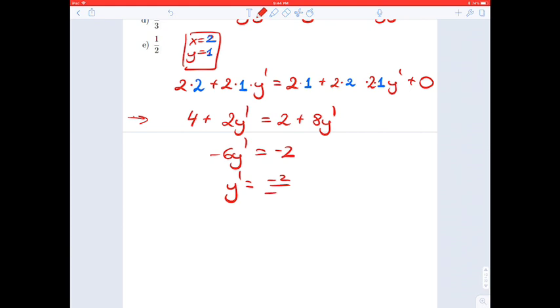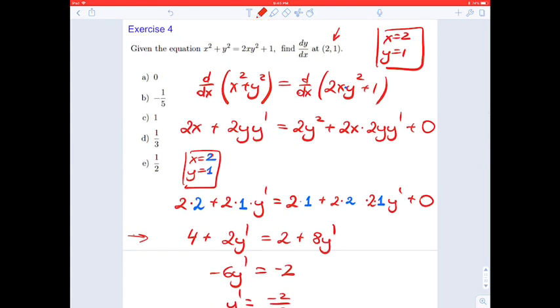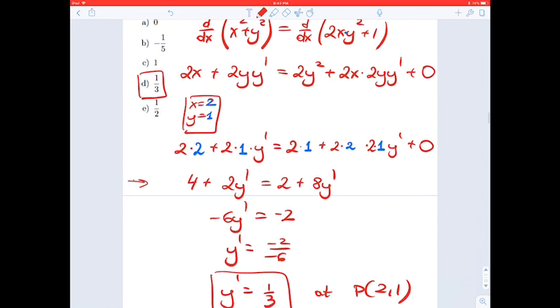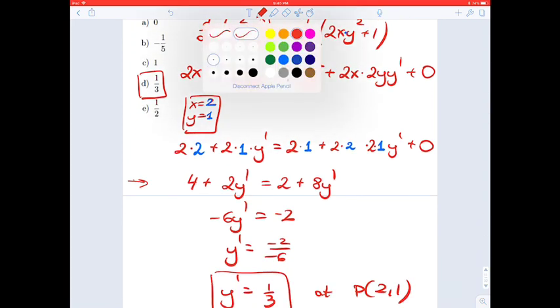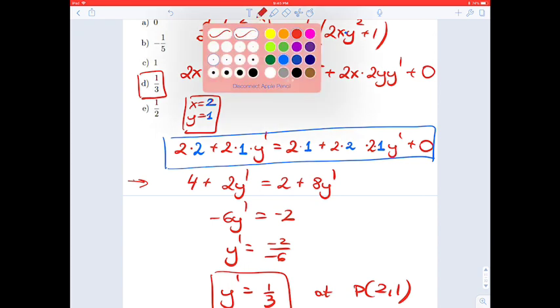Dividing by negative 6, I am getting my derivative as 1/3, and this is the derivative at the point (2, 1). And that's my answer. Please take advantage as I did and use the point immediately.